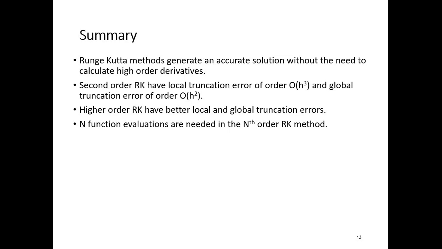The higher order Runge-Kutta method has better local and global truncation error, and the function evaluations needed are according to the order of the RK method. So if you have n functions, you need an nth order RK method.